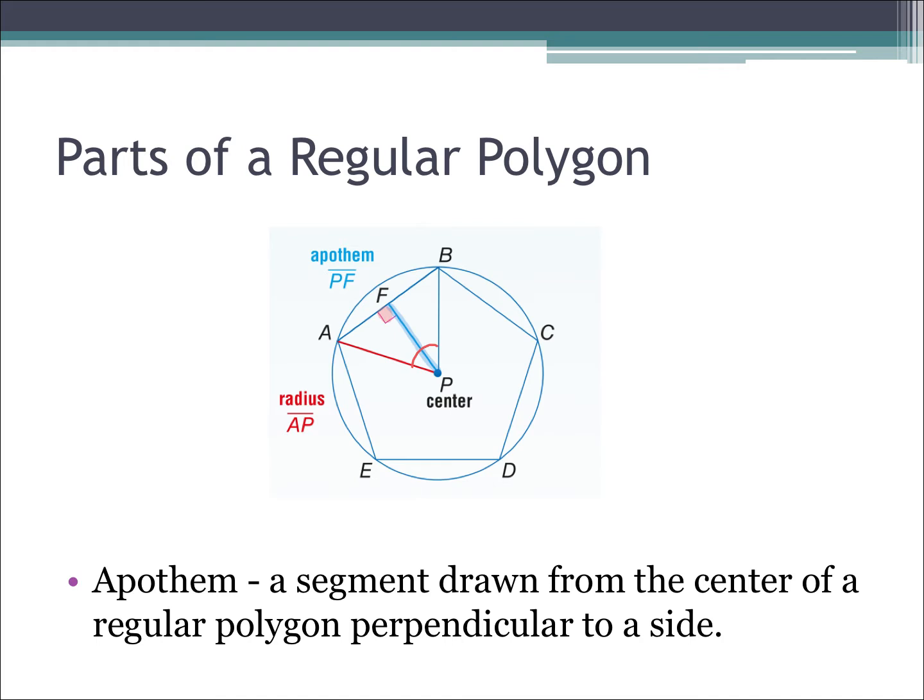And the fact I want you to remember about central angles is that the sum of all the central angles is 360 degrees. We'll be using this fact a lot. What that means is that everything around the center will create 360 degrees.